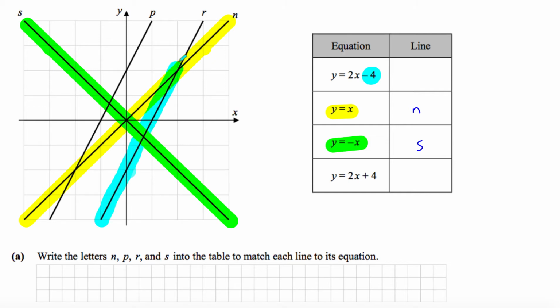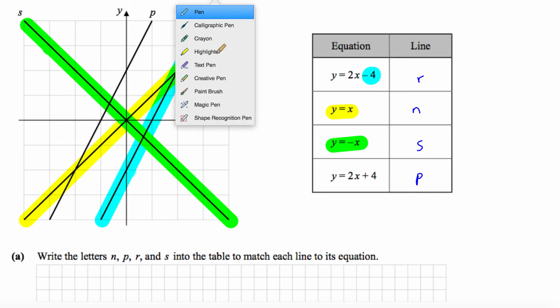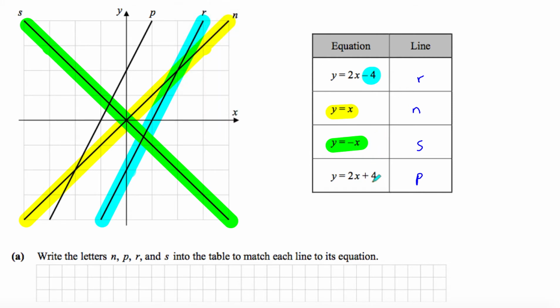So this line here, the line R, is the blue one. So that's going to be R. And then obviously that leaves P for the last one. And you can see again here that this has a positive y-intercept, and you can see that the line P has that. So just to confirm, that's the line P. So there's the letters written in.